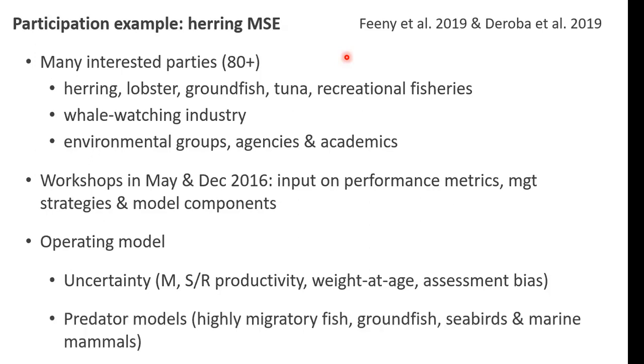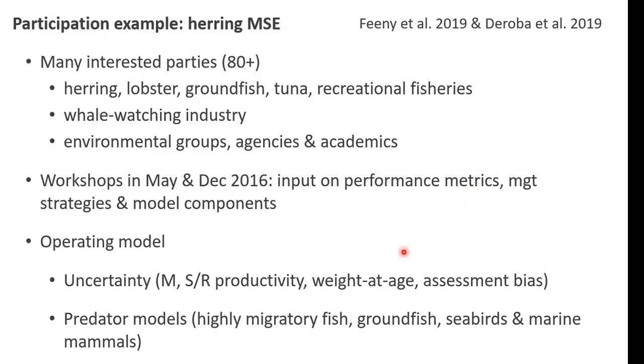One of the interesting parts here is that they also included predator models for highly migratory fish, groundfish, seabirds, and also marine mammals. Because if you look at the interested stakeholders here, it's not just the herring fishery, it's other groups, which are affected by what's going on with the herring population, since they're a forage fish.